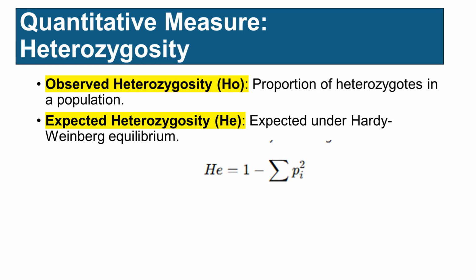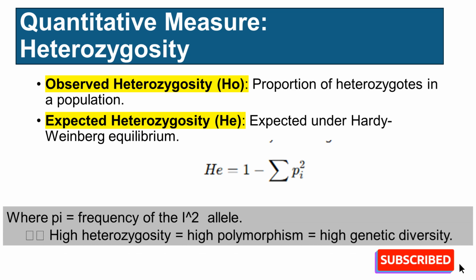He equals 1 minus the sum of p_i squared, where p_i is the frequency of the i-th allele. High heterozygosity equals high polymorphism equals high genetic diversity.